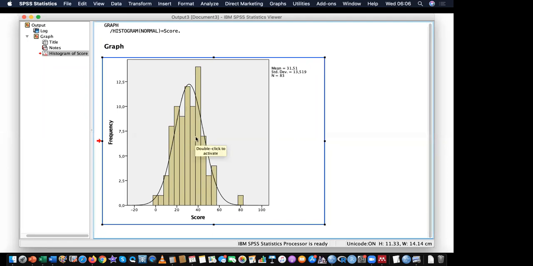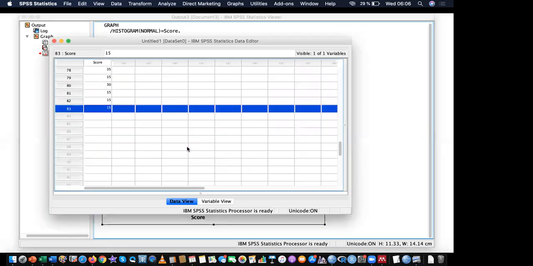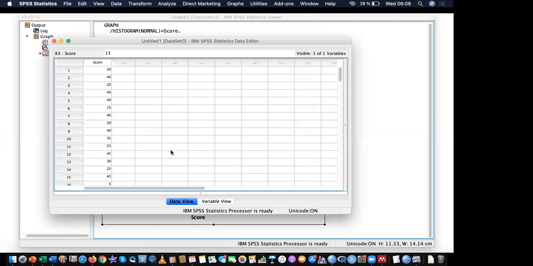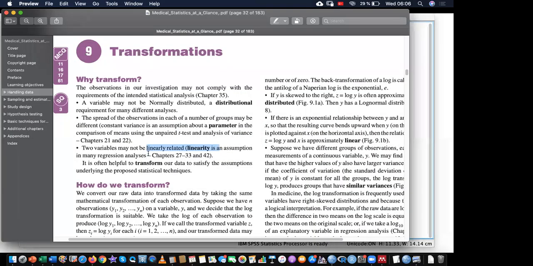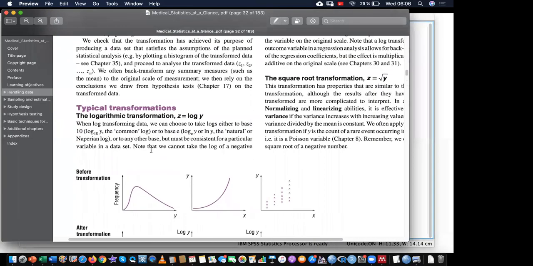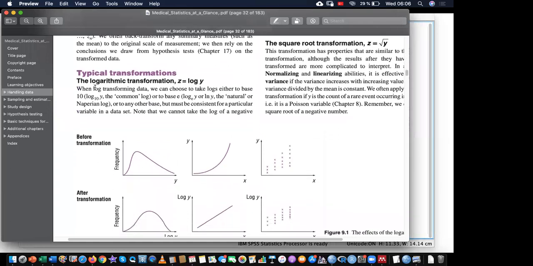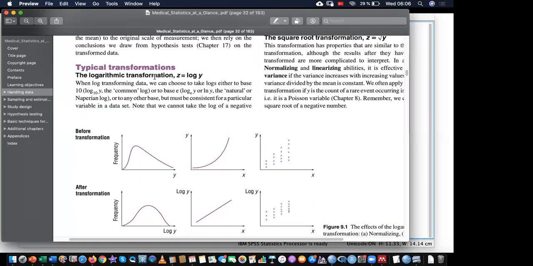If I have skewed data, one option before doing the analysis is transformation. Transformation literally means doing any kind of calculation using my variables, using my data. What kind of calculations can I do? The most famous transformation is the logarithmic transformation.